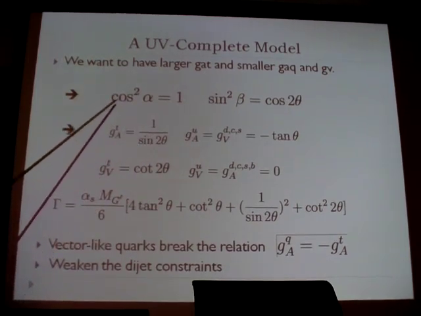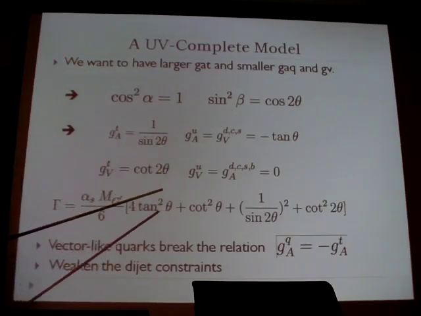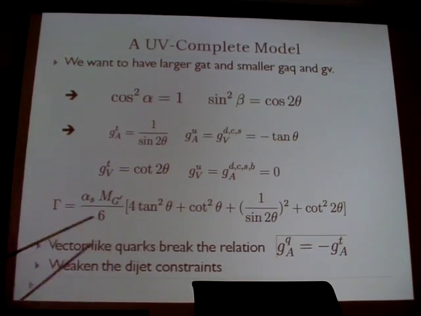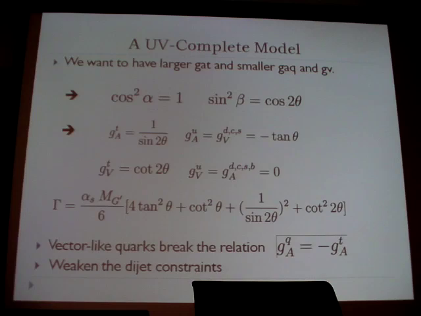So we choose our mixing angle like this in order to have such properties, and the width is given by this formula after we choose this coupling. Sorry, you've made two choices here to make two things happen, right? What are those two things?